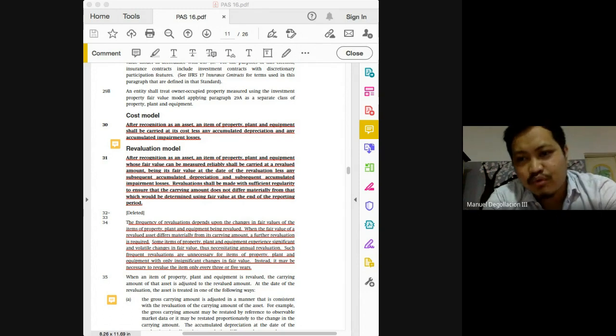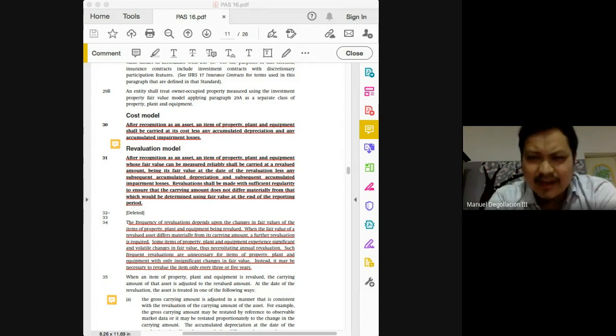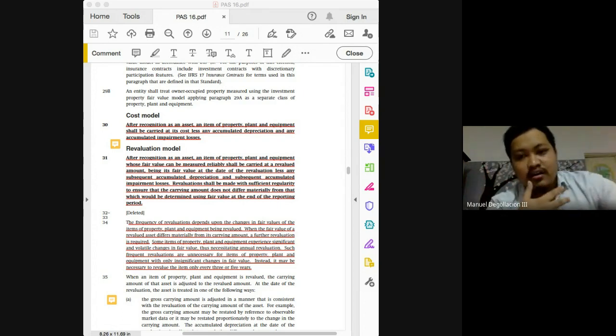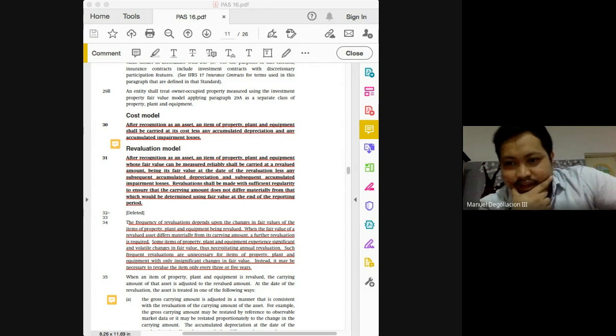So if you want to convert it into a formula class, the original or the historical cost minus accumulated depreciation and impairment losses.